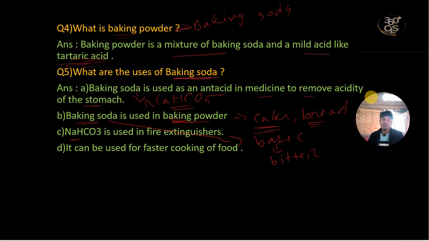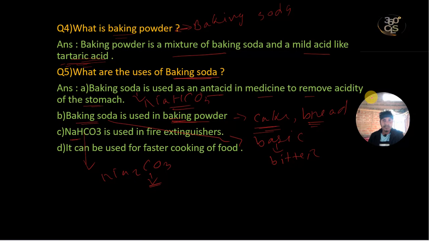When we heat sodium hydrogen carbonate, we get sodium carbonate, Na2CO3, which is basic in nature and bitter in taste. Now this acid neutralizes this sodium carbonate and gives us a good taste, not a bitter taste.